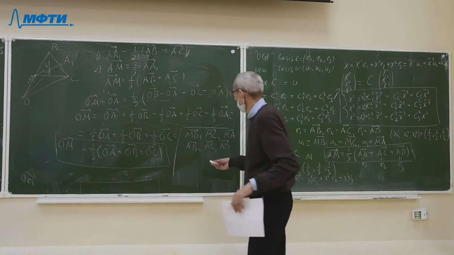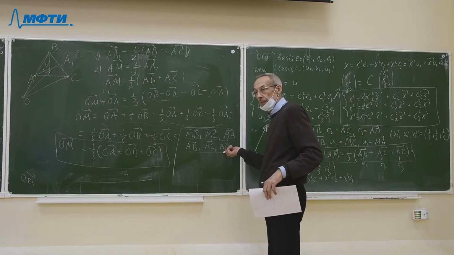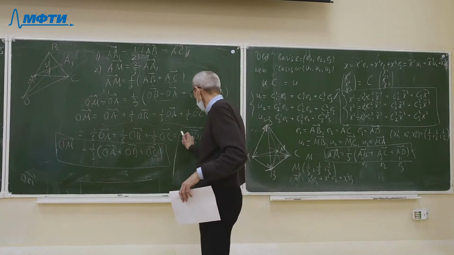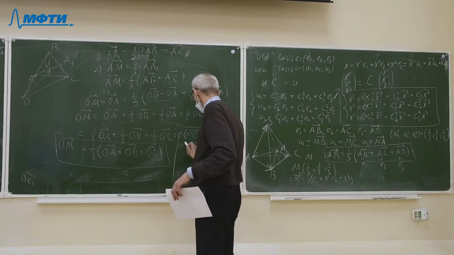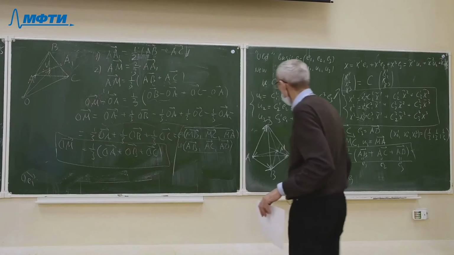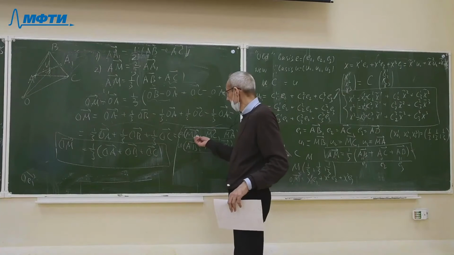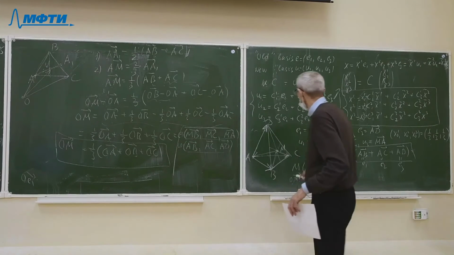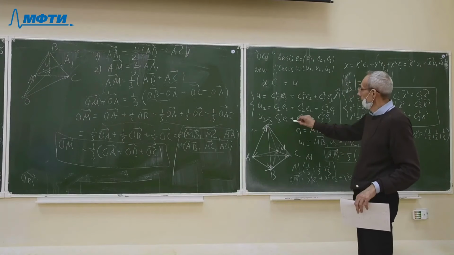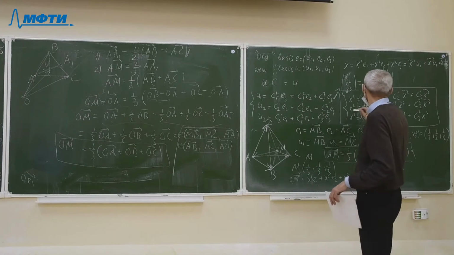And we must express these vectors in terms of this old basis and this new basis, the vectors E and these vectors U. And after that, we will use this formula and this formula.